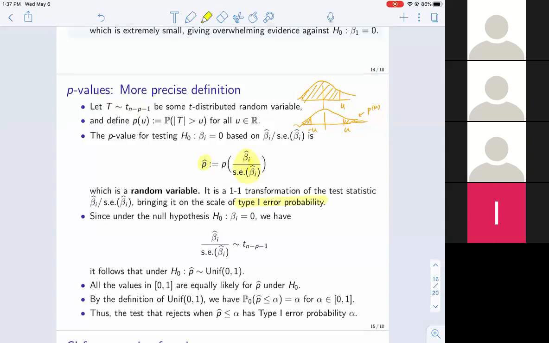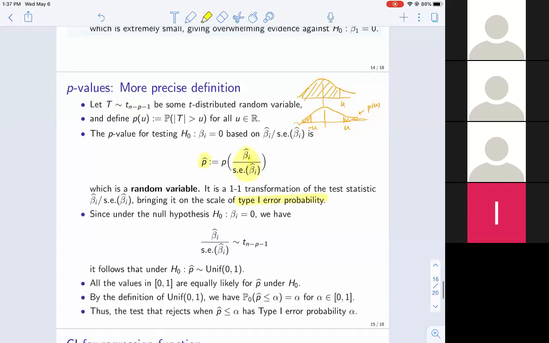What it means is that this construction allows me to say that the probability under the null that p hat is less than alpha is equal to alpha. So a test that rejects at level alpha is going to have exactly type 1 error probability alpha.